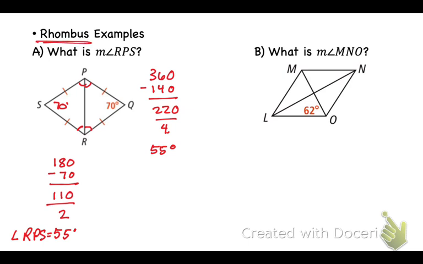We still have a rhombus. What is MNO? So MNO, we're talking about not the triangle, this whole angle, right? So I know this is 62, so I also know this is what? 62. What do I know this one is? 90, because their diagonals meet at a 90 degree angle.